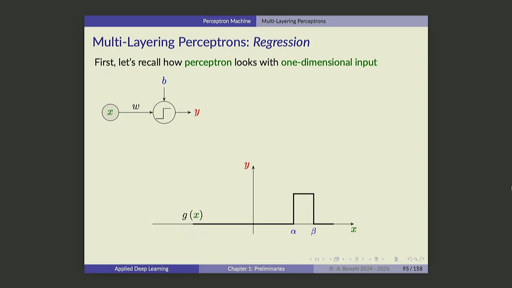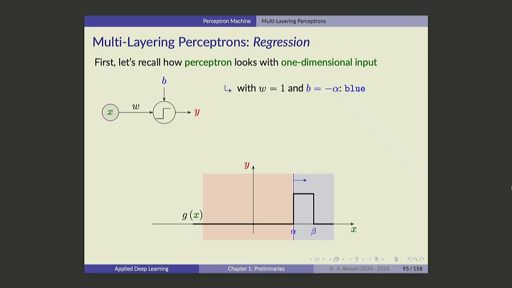Let's look at the first perceptron. I put w to be 1, and the bias to be minus alpha. What's going to happen? X goes in, multiplied by 1, remains x, minus alpha, right? You're going to check the sign of x minus alpha. If it's positive, you're going to give 1. If it's negative, you're going to give 0.